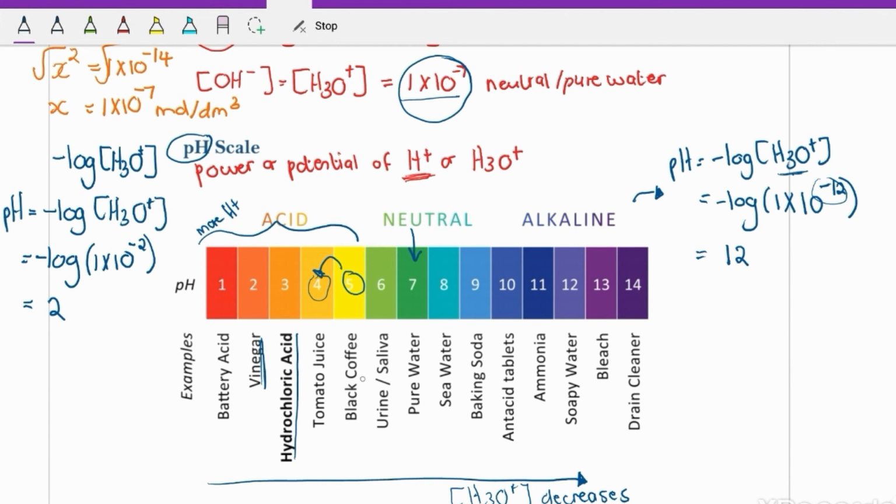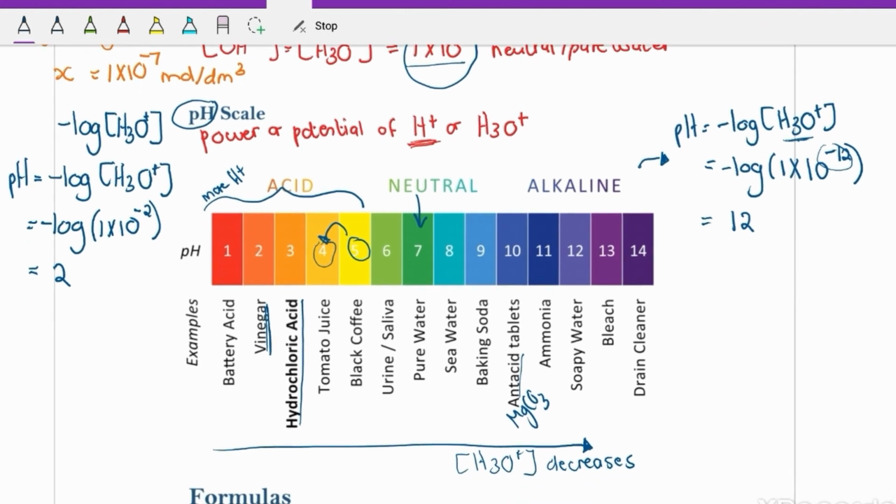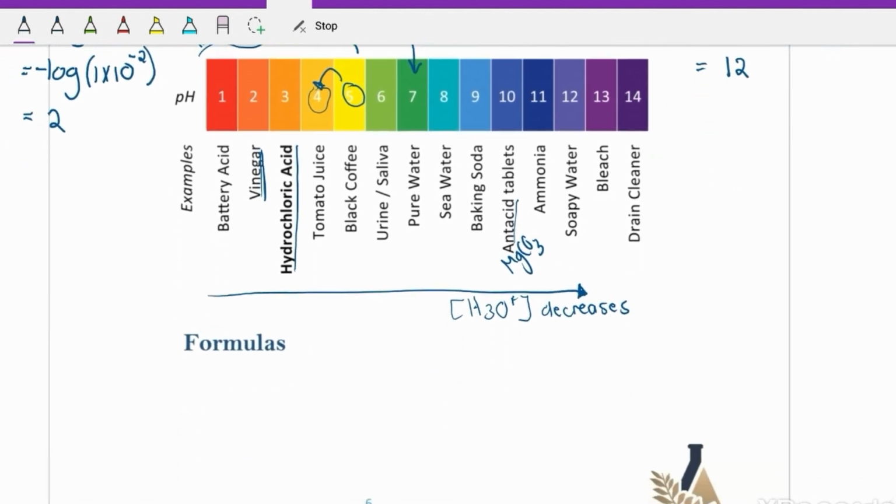Then tomato juice, black coffee, urine or saliva, pure water, seawater, baking soda, and antacid, which is basically magnesium carbonate tablets, ammonia, soapy water, bleach, and drain cleaner. Just as I've illustrated in my video on kitchen chemistry, where I also tested household chemicals.